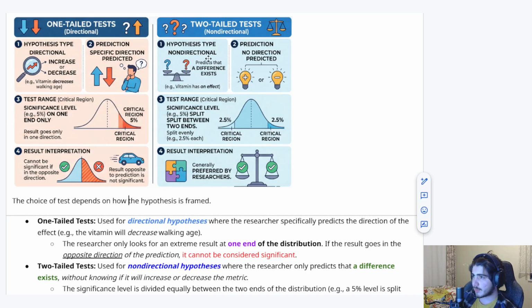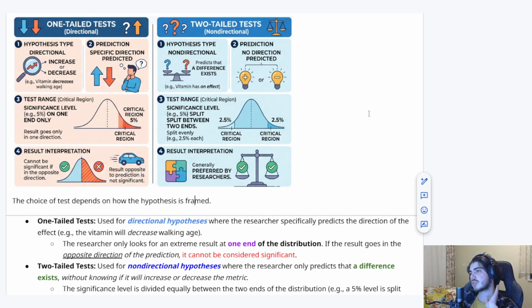So these two-tailed tests are non-directional. It just looks at if there is a difference or not. Instead of saying there is a lower threshold or a higher probability that this will happen, you don't look at any of that. You can just say it's going to be different or not.